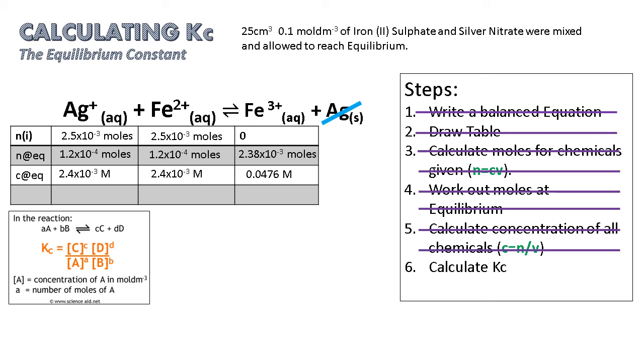And we calculate Kc for this equation in the following way, which is 0.0476 M, the concentration of the Fe3+ at equilibrium, divided by 2.4 times 10 to the minus 3 M times 2.4 times 10 to the minus 3 M, which is the concentration of the silver ions and the iron 2+ ions, and that gives us 8,263.8 mol⁻¹ dm³.